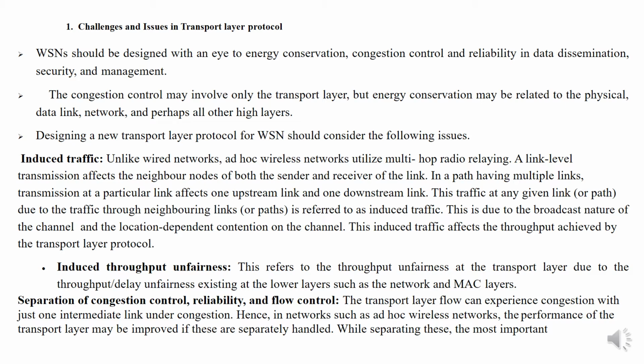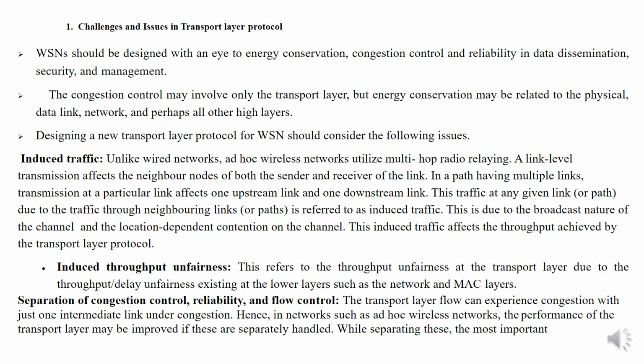This traffic at any given link or path due to the traffic through neighboring links or paths is referred to as induced traffic. This is due to the broadcast nature of the channel and the location dependent contention on the channel. This induced traffic affects the throughput achieved by the transport layer protocol.